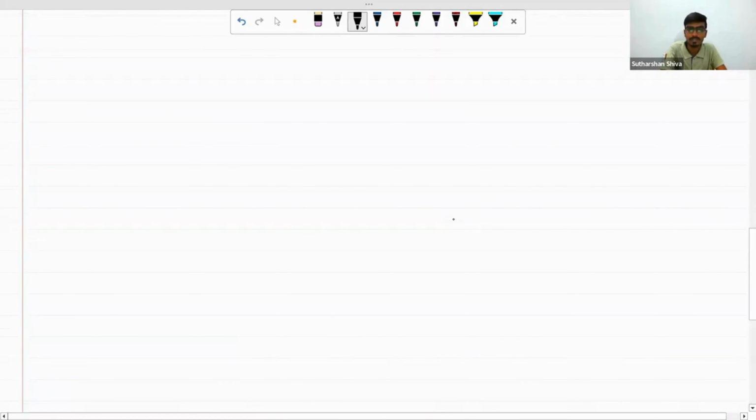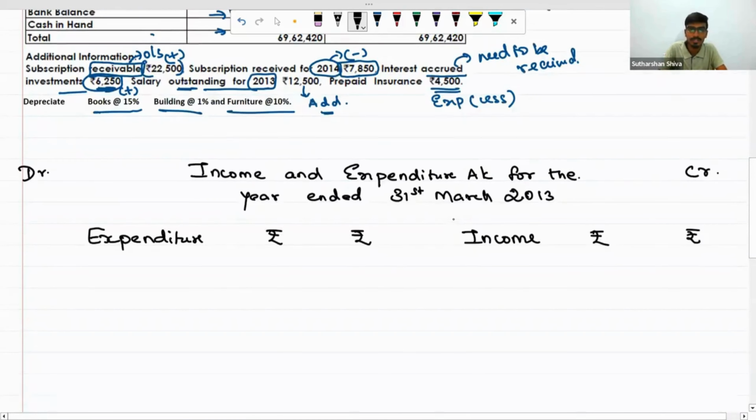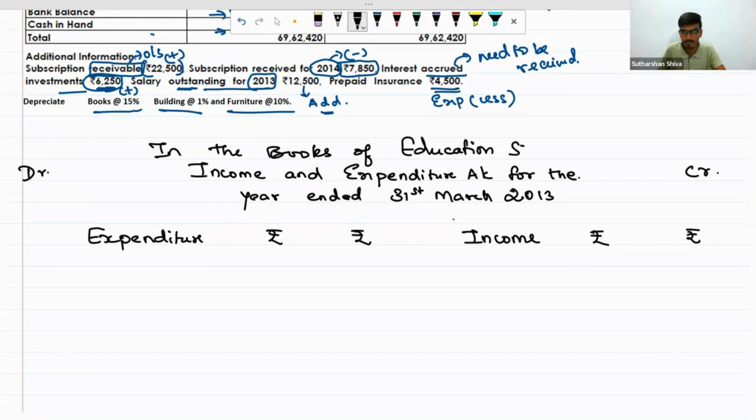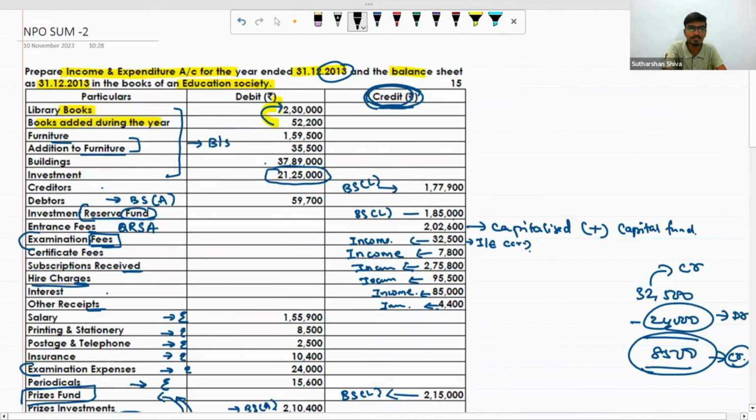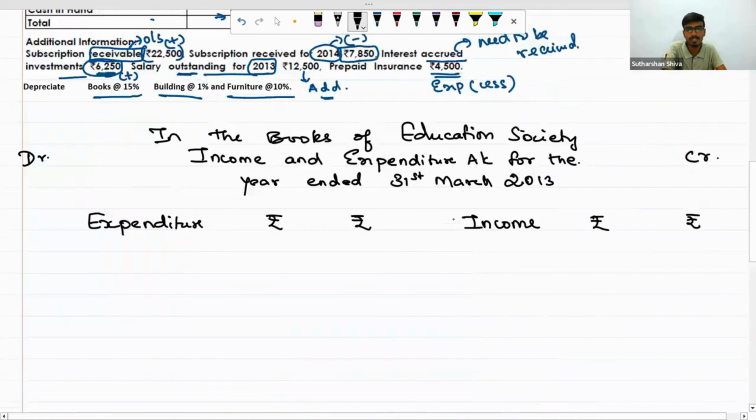Okay, for this, first thing you need to write in the books of education society. Is there any given name for that education society? No, it's in the books of education society.